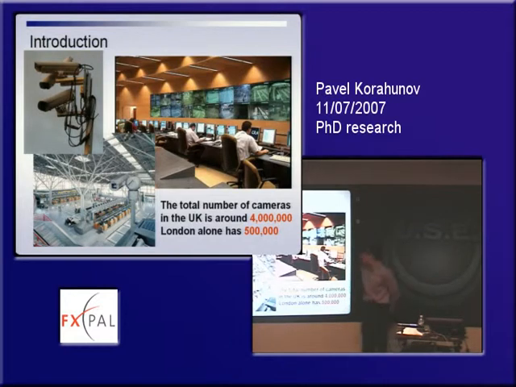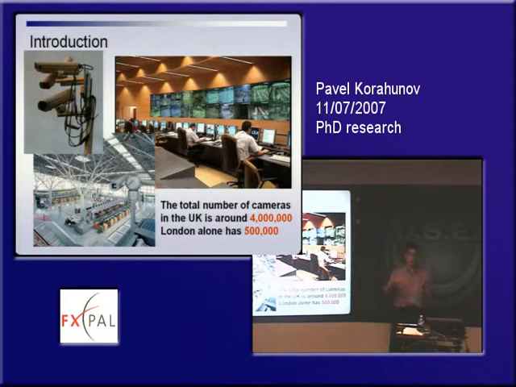However, recent advances in video analysis algorithms, the availability of cheap network cameras, and IP networks allow us to build a new generation of video surveillance systems, which are large scale and at the same time automated and distributed, where part of the human job can be taken by video analysis algorithms.